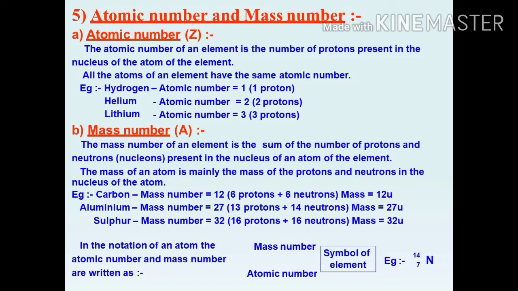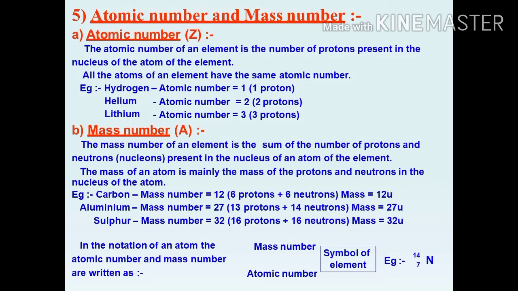The mass number of an element is the sum of the number of protons and neutrons. The sum total of the number of protons and neutrons together present in the nucleus of an atom is called mass number. Atomic number denotes only protons, but mass number is the combination of both protons and neutrons. The mass of an atom is mainly the mass of the protons and neutrons.